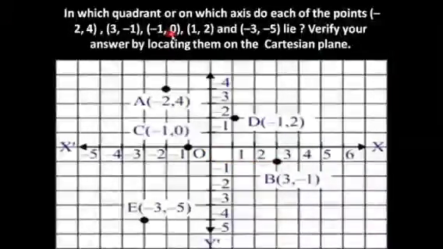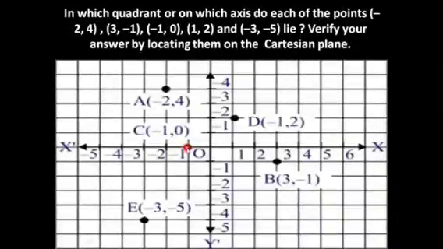The next one, -1, 0. Here it is very clear. Since the value of y coordinate is 0, the point lies on the x-axis. And where on the x-axis? At -1. So the point C is this one. -1, 0. This is the point.